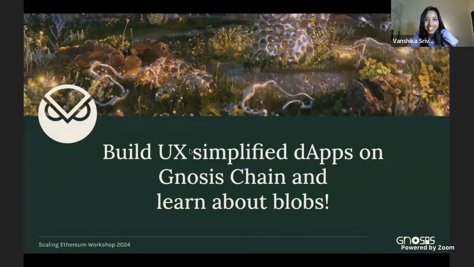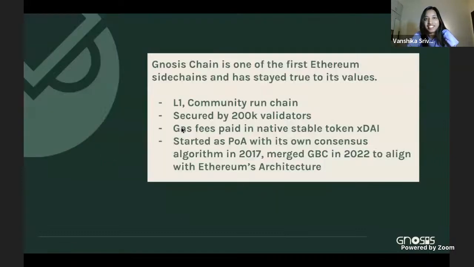Before beginning about all the prizes and what you as hackers will be doing, I would just give you a quick introduction about what Gnosis Chain is. Gnosis Chain is one of the first Ethereum side chains, and technically it's a layer one chain which is completely run by the community, secured by around 200k validators all around the world.